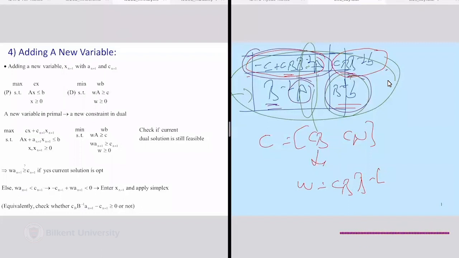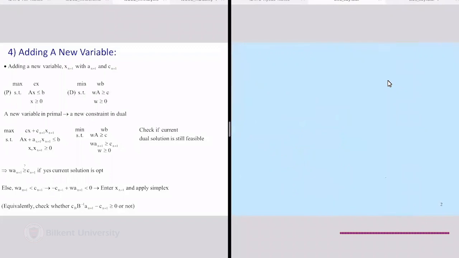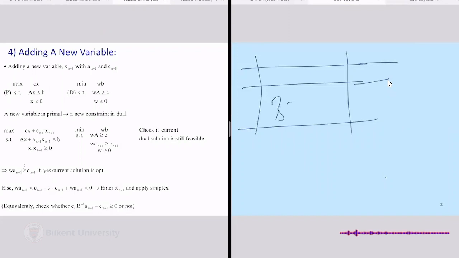Let me open a clean page and do this again. This is my B inverse A. This is minus C plus CB B inverse A. This is my B inverse B, and this is my CB B inverse B. Now, if I add any variable to my primal problem, that means I'm adding a new constraint to the dual, right?